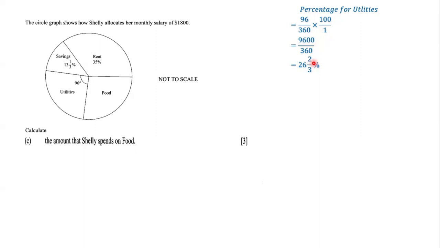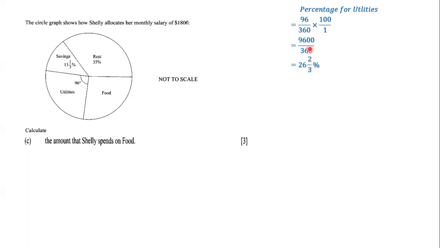26.6666 and more 6. And so what that actually is equal to is 26 and 2 over 3. Because 0.66666 and continuing is 2 over 3.